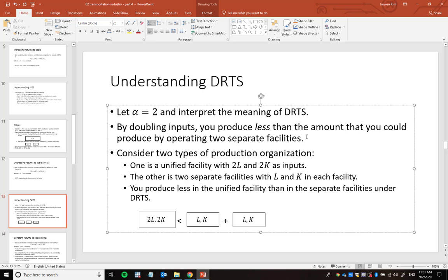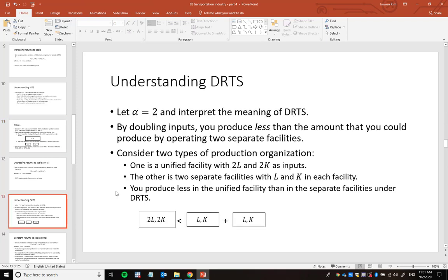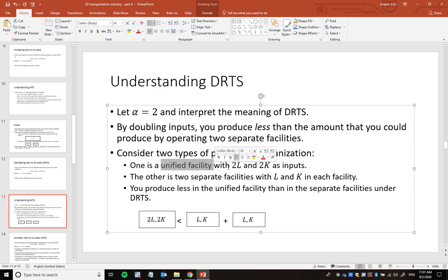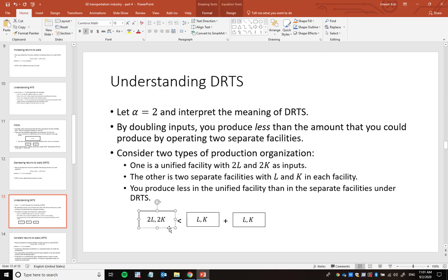So consider two types of production organization as we did for IRTS. One unified factory with 2L and 2K employed as inputs. The rectangle measures the quantity of output produced by employing twice the labor and twice the capital. Then the separate factories.